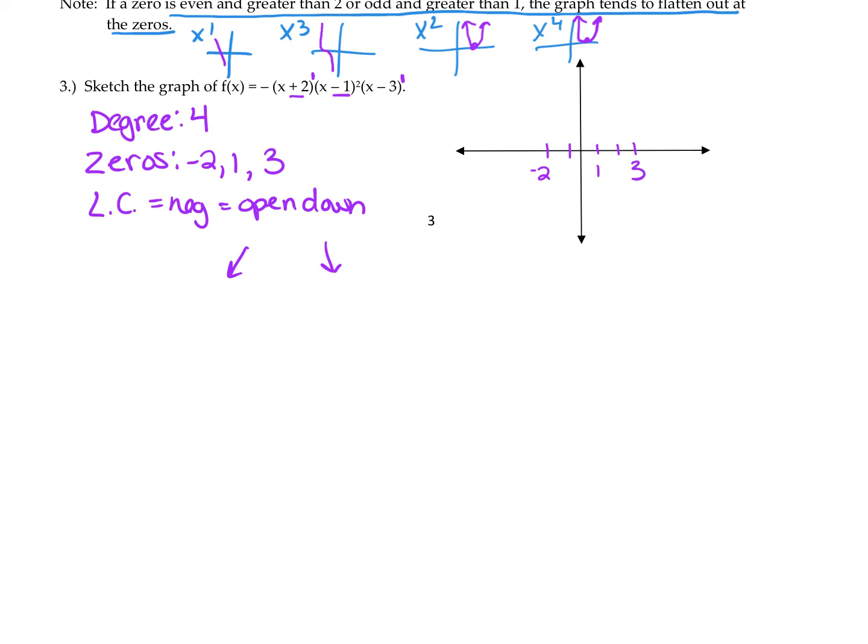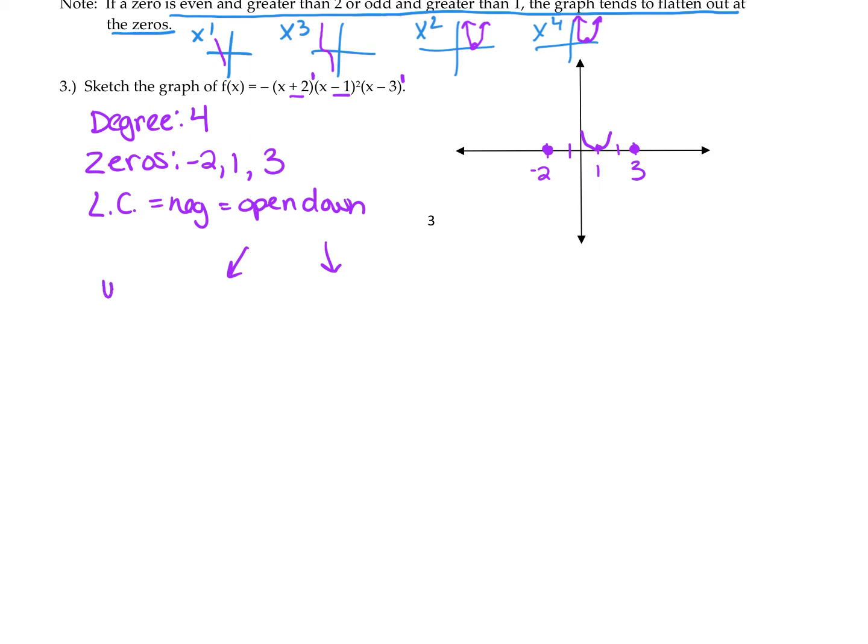If I look at -2 and 3, since those are odd, I know that my graph is going to go through those points, versus at 1, since my multiplicity is even, I know that my graph is going to just touch at that point. Let's see, what else can I figure out?